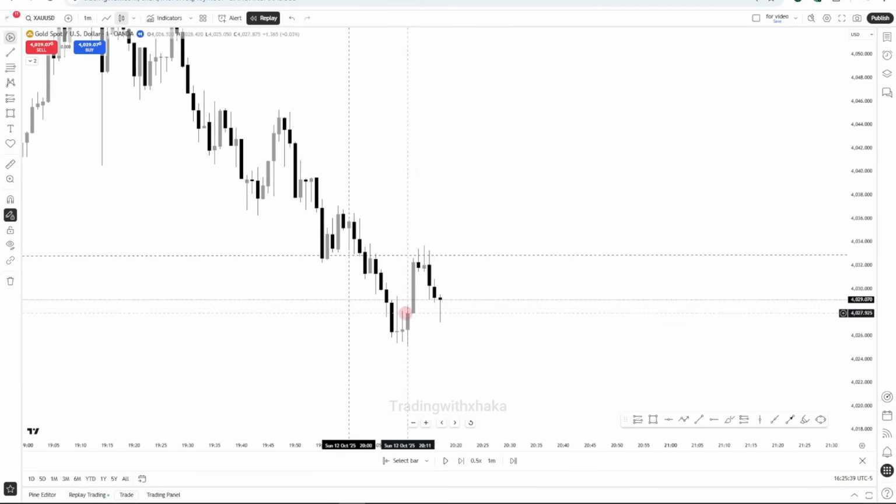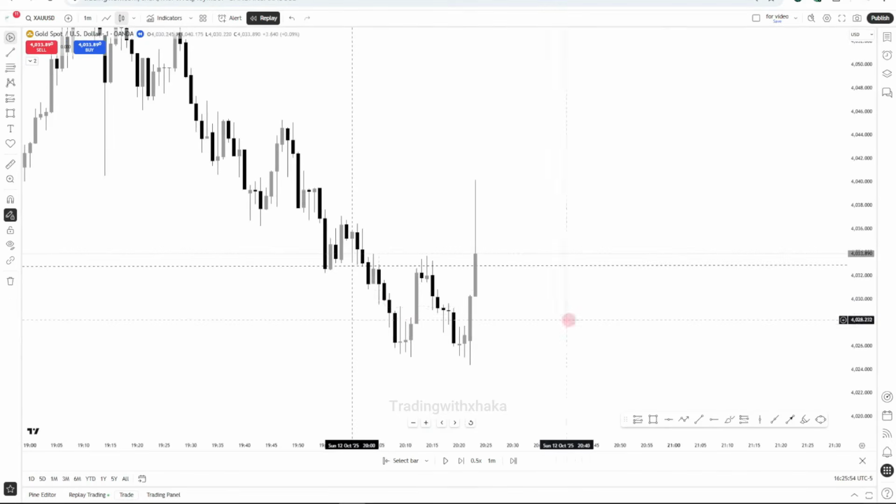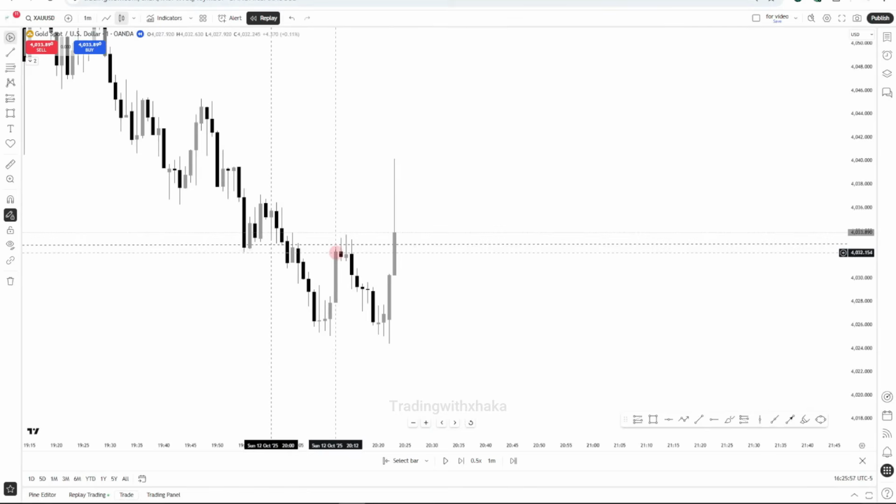We're not interested in anything else happening. A market structure shift back inside the range is what we're waiting for. You can clearly see here that price made a market structure shift and has moved back inside this range.